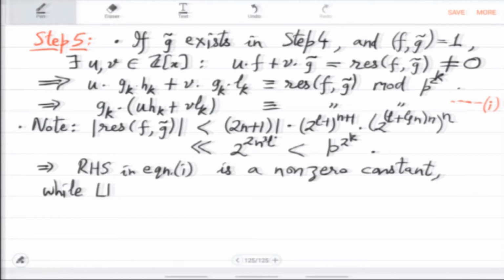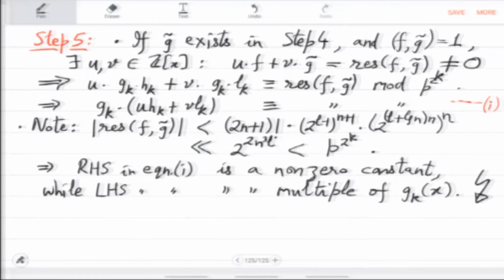While LHS in equation 1 is a non-constant polynomial, or is a multiple of GK(X). Okay, so RHS is a non-zero constant, LHS is a multiple of a polynomial GK(X). Now multiples of polynomials are again non-constant polynomials except the 0 multiple, but it cannot be the 0 multiple because RHS is non-zero.